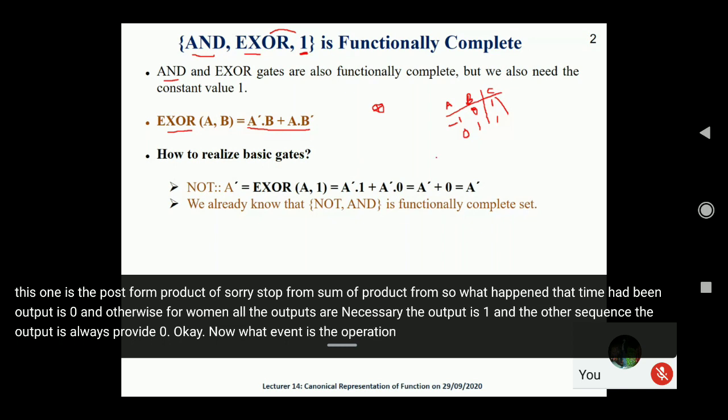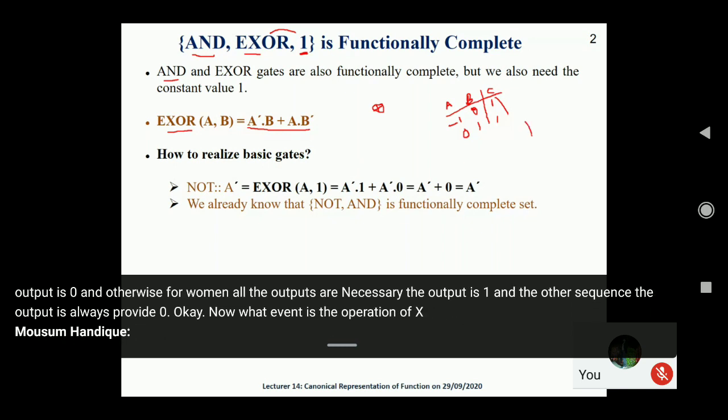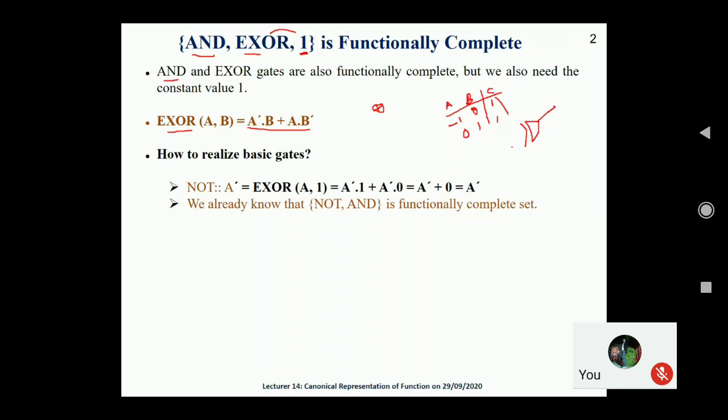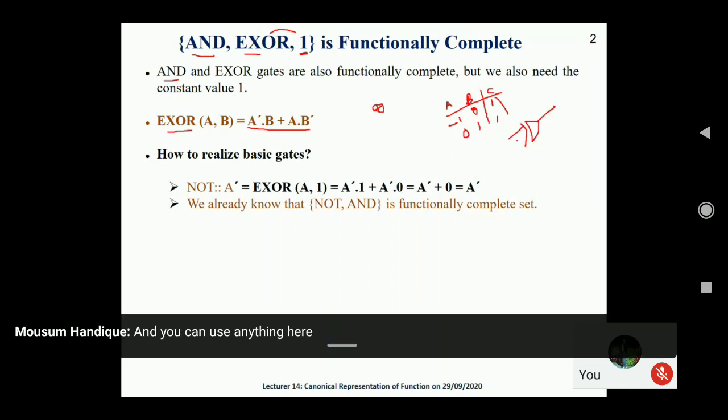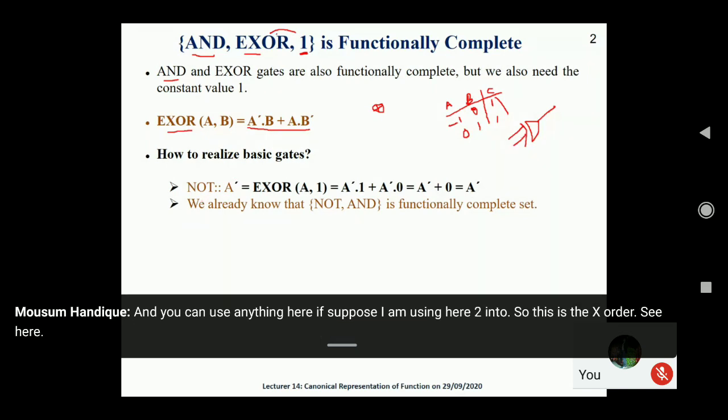And the XOR gate we are defining this way. And you can use anything here. Suppose I am using 2 inputs. So this is the XOR. See here, using the XOR gate or XOR operation with the help of 1, can we implement the NOT gate?